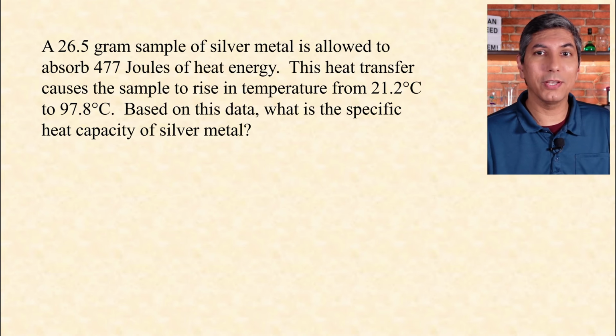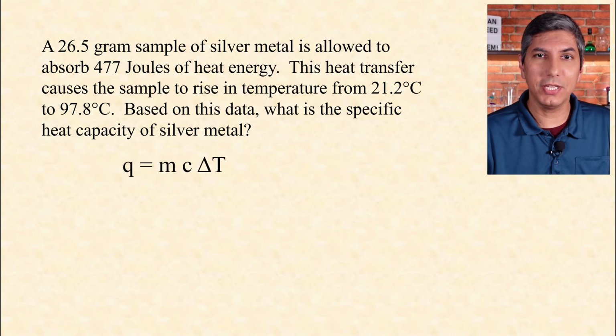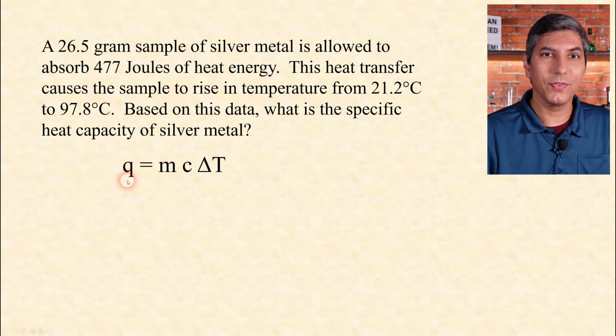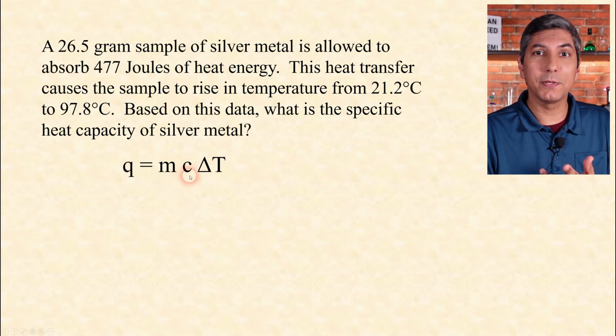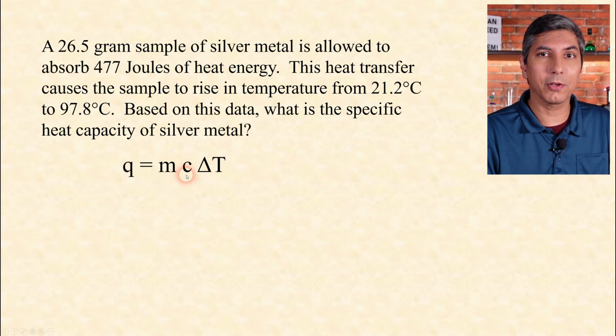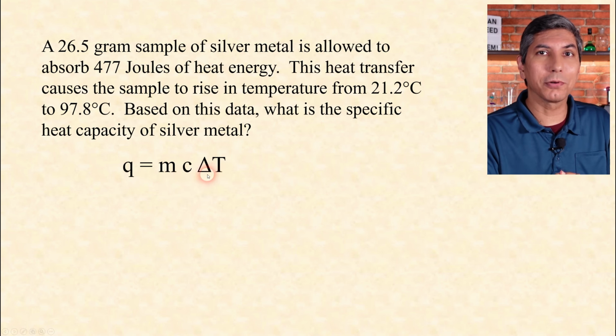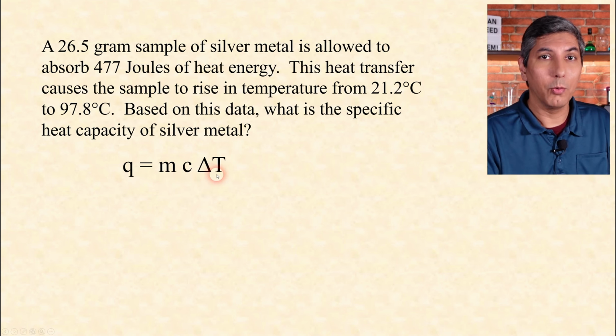For calorimetry questions like these, we use the equation Q equals mc delta T, where Q represents the heat that's transferred in joules, m is the mass in grams, C is the specific heat capacity in joules per gram degree Celsius, and delta T is the change in temperature of the material. Well, the problem tells us that 477 joules are being transferred.